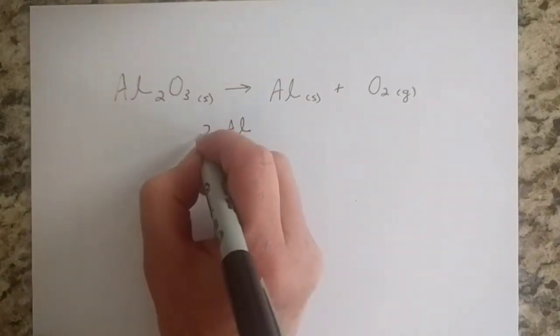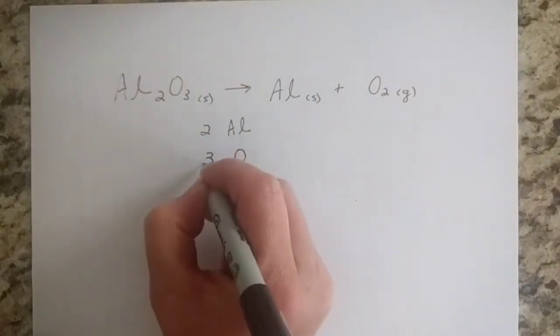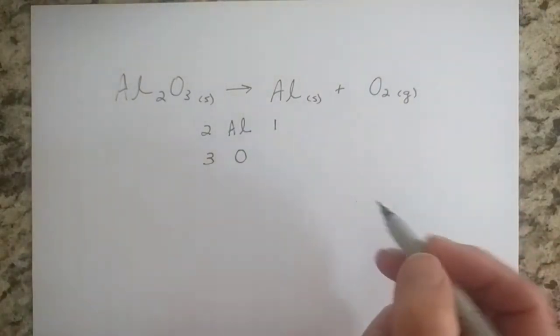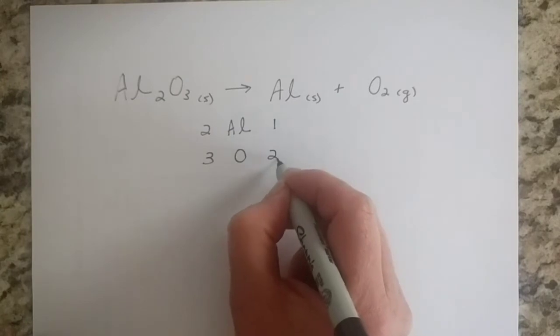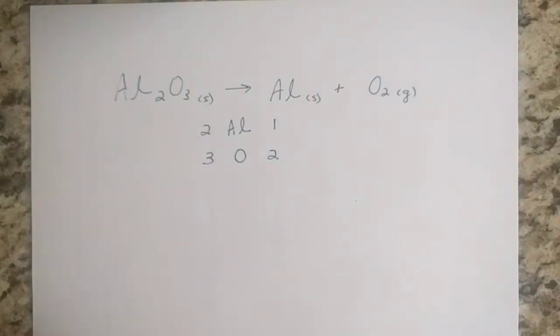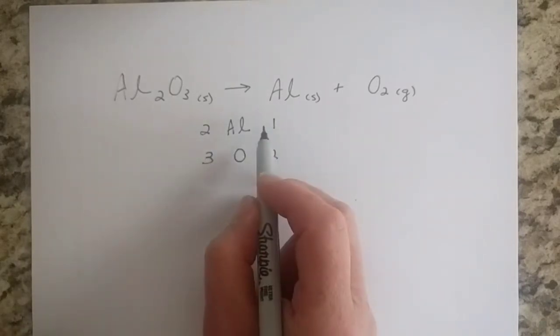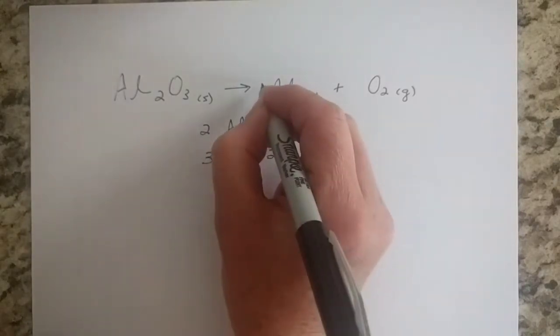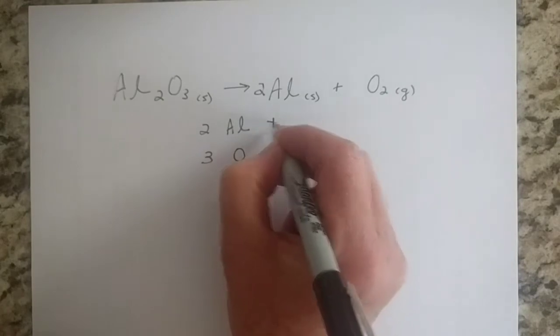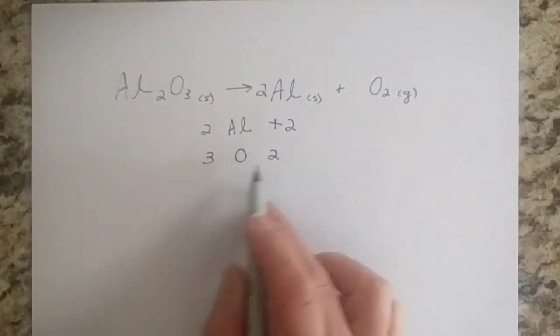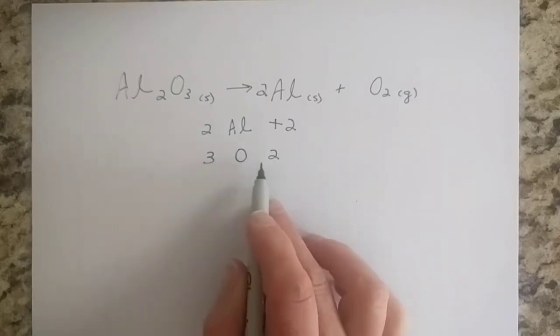We have 2 aluminum atoms and 3 oxygen atoms on the left, and we have 1 aluminum and 2 oxygen atoms on the right. Here I see that my aluminum is out. I want to have 2 on this side, so I put in my coefficient and update my count. I look at my oxygens. The oxygens are not balanced.